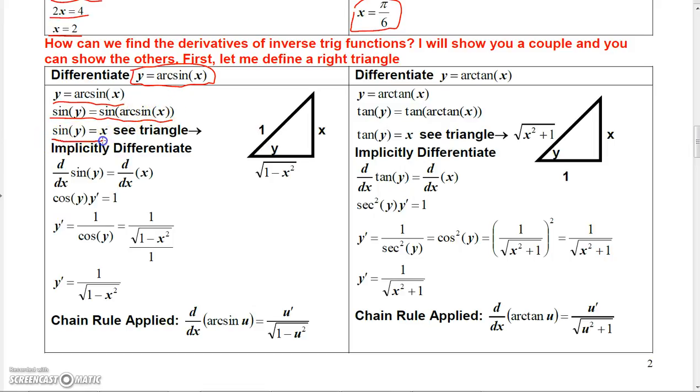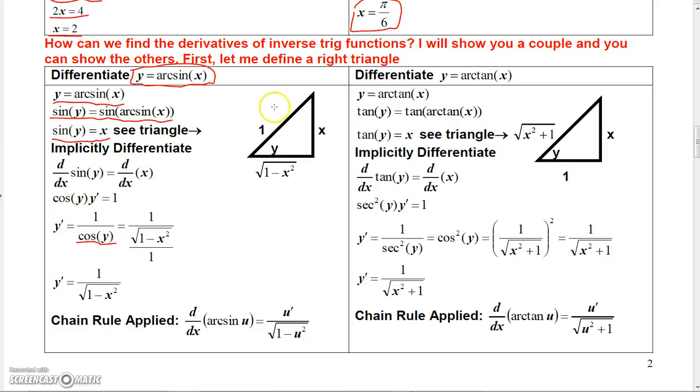And then you can implicitly differentiate. The derivative of sine of u, remember, is cosine u times u prime, so the derivative of sine of y is cosine y times y prime, and the derivative of x with respect to x is 1. And then to solve for y prime, you just divide both sides by cosine y.